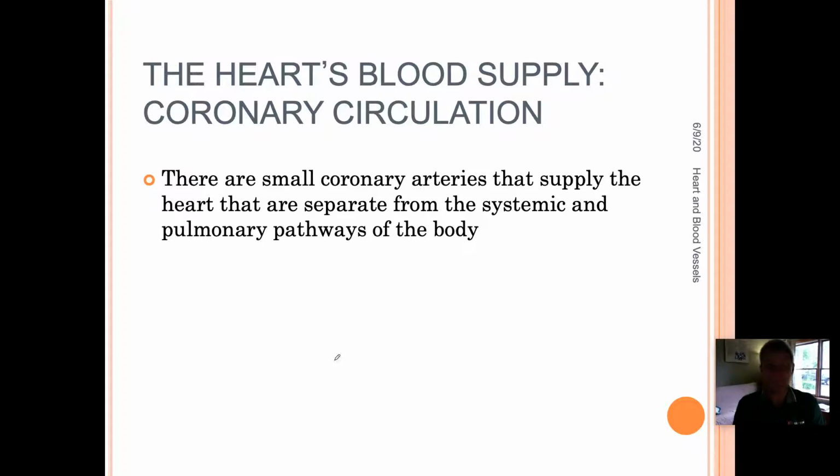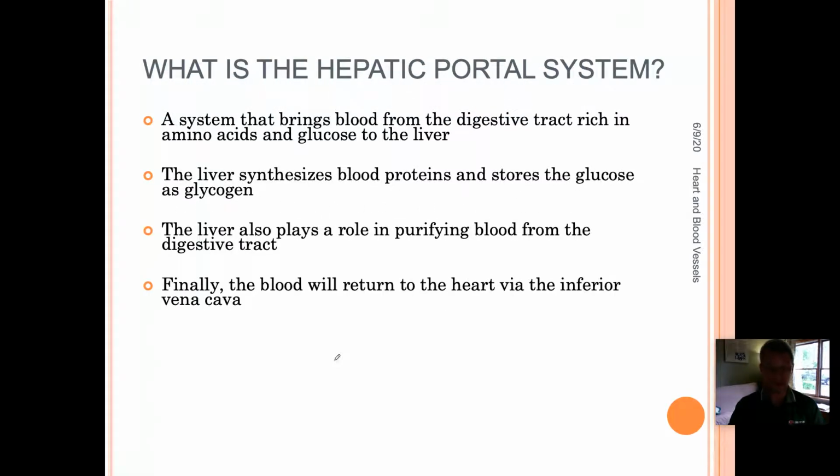All right, so the first couple of branches off of the aorta are very small coronary arteries that supply the heart. Now, these are very important arteries health-wise, because if these arteries become blocked for any reason, this is what leads to a heart attack.